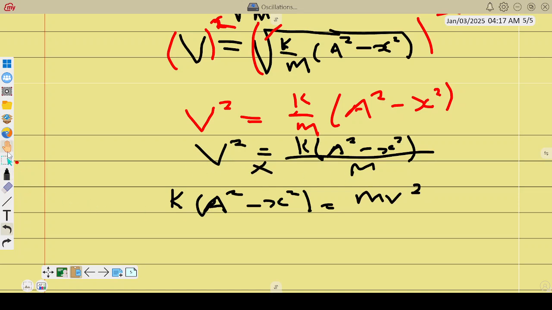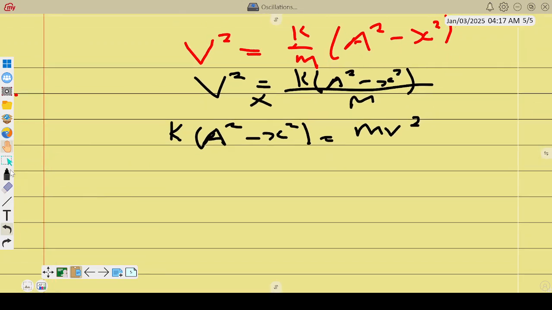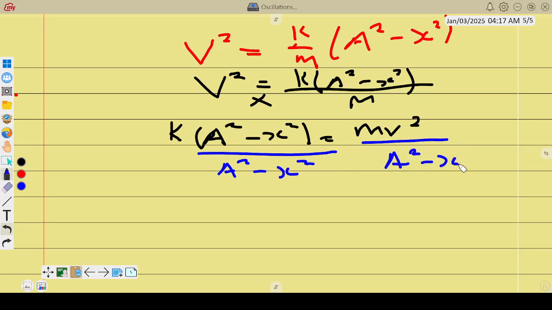To remain with k alone, we divide by a squared minus x squared.